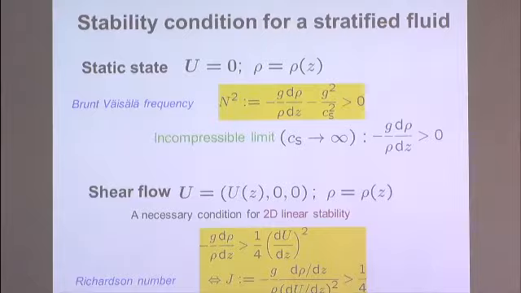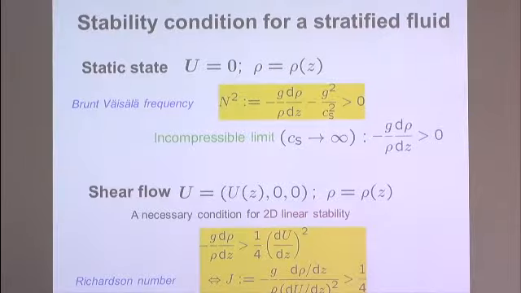But if you have shear flows, the shear flow can excite vertical motions, and then this potential barrier is much stronger. This is the condition for linear stability in two dimensions, well known as the Richardson number criterion. This number should be greater than a quarter.